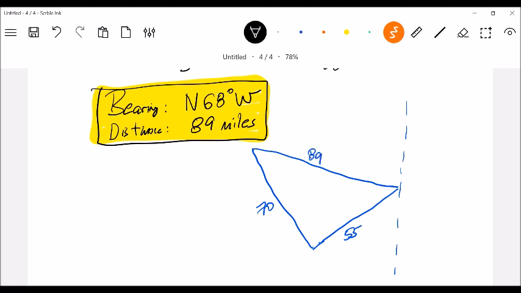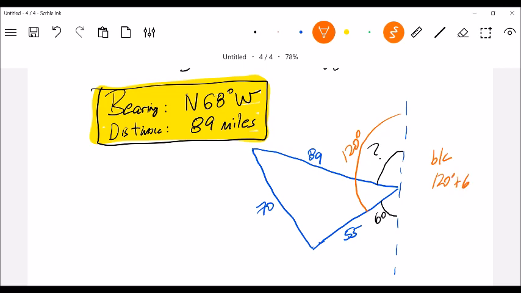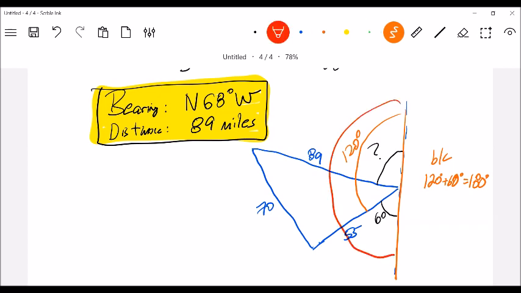And here are the key things: this is 60 degrees, and this is the one I want to know. This one is 120 degrees because 120 degrees plus 60 degrees is equal to 180 degrees, and that's what this is. The entire thing is 180 degrees.